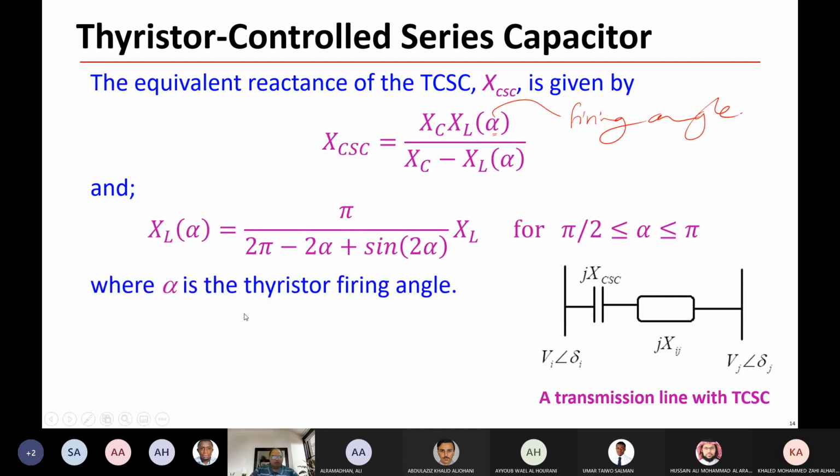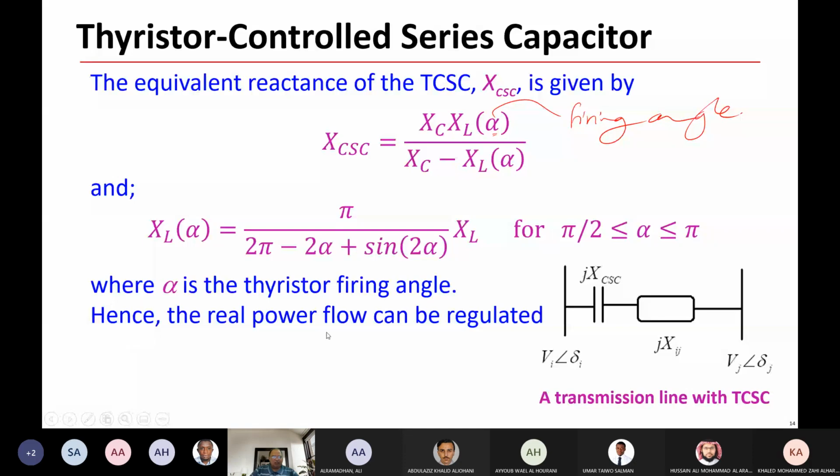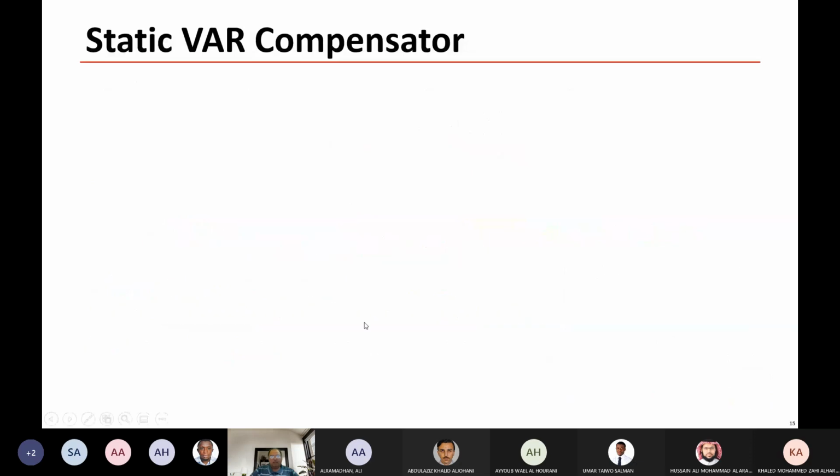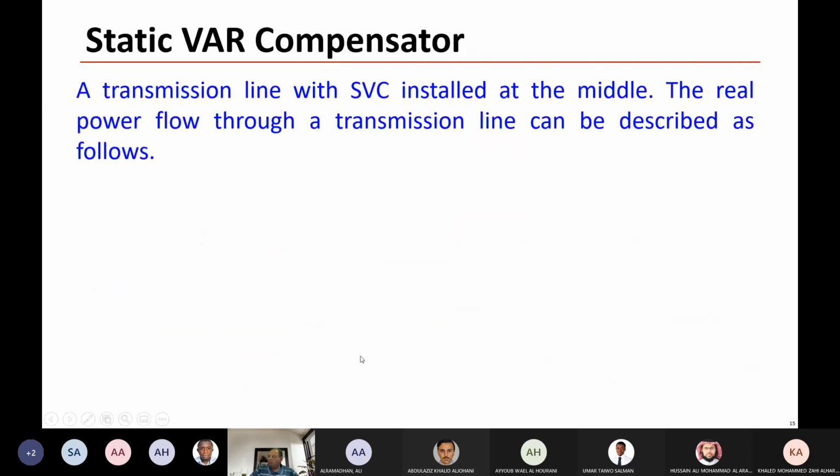Where alpha is the thyristor firing angle, it means that the real power flow can be regulated by controlling the compensation level K. Okay.